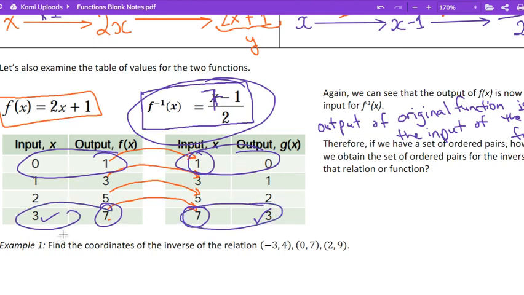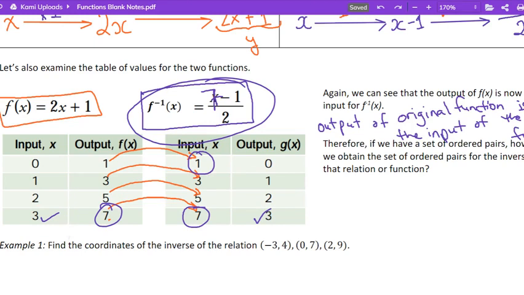And if I put in yet another coordinate, if I said 4 and 9, what would my input and output be? Well, we know it would be 9 and 4.